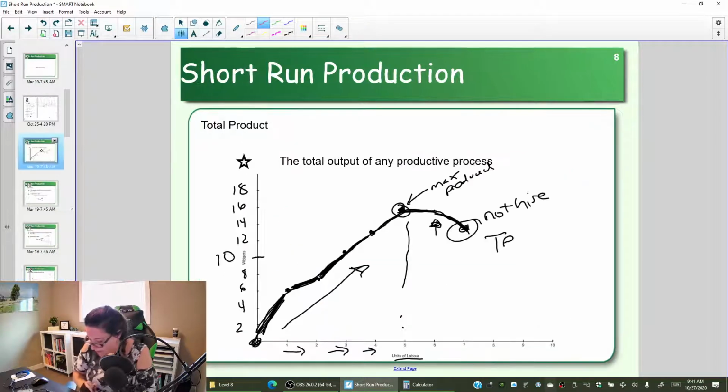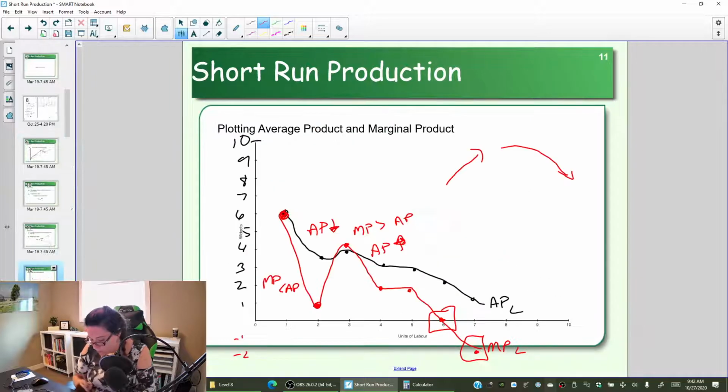Well, we've actually seen those 2 points already, because the 6th worker, remember, didn't add anything to production, so total product was the same at both 5 and 6 workers. And when we hired the 7th worker, remember, total product went down. So the fact that total product decreased with the 7th worker is why this marginal product is negative.